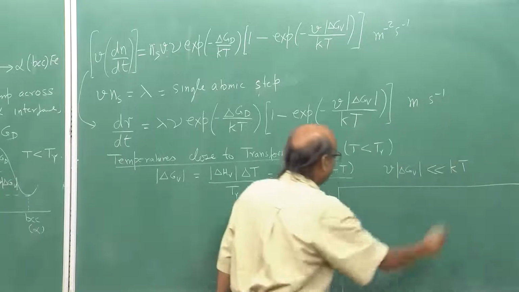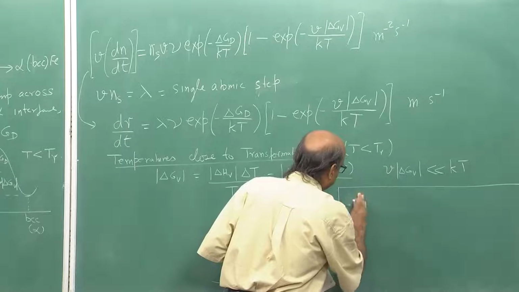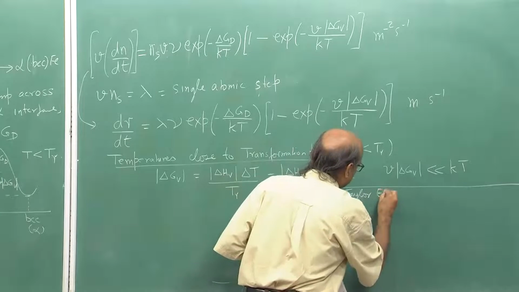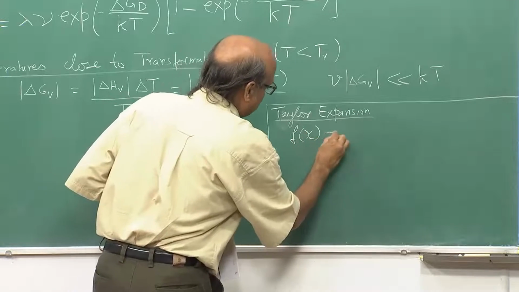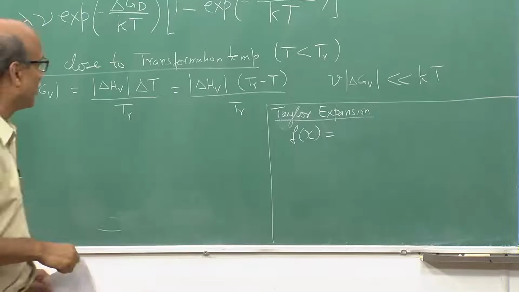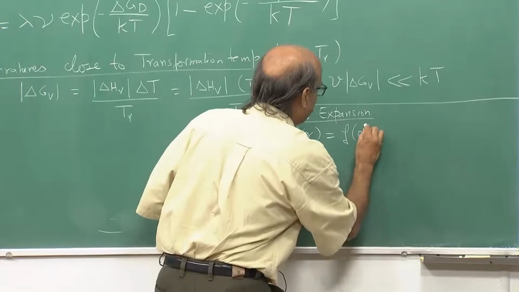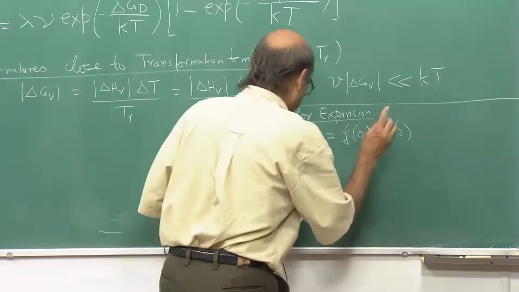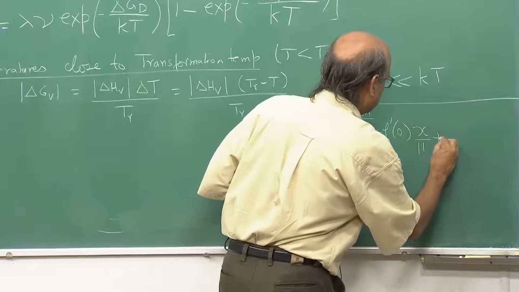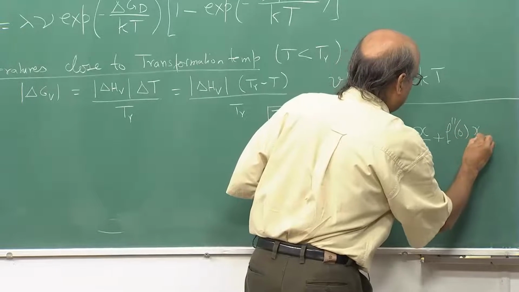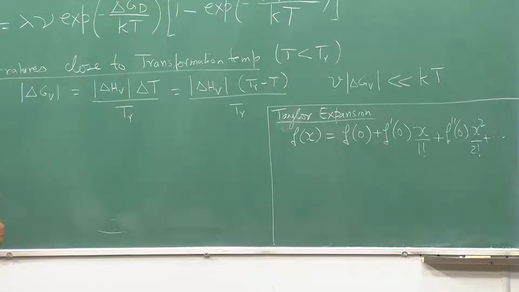Very quickly, if I have a function f(x), for a function f(x) which I expand around x equal to 0, the Taylor expansion can be written in the form of an infinite series as f(0) plus f prime(0) x upon 1 factorial plus f double prime(0) x square upon 2 factorial and so on.